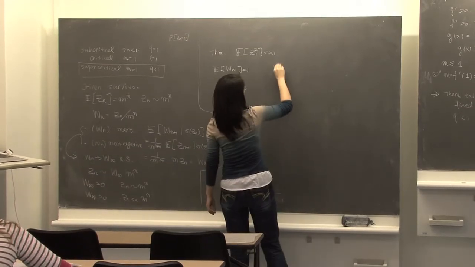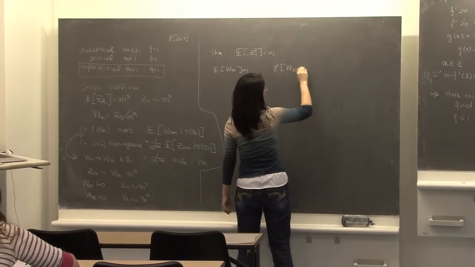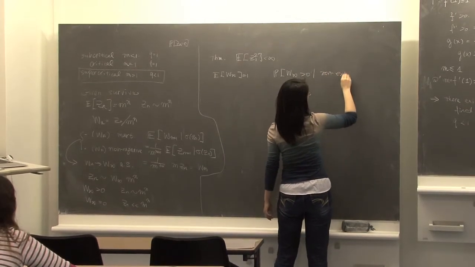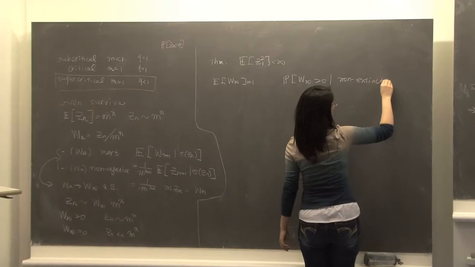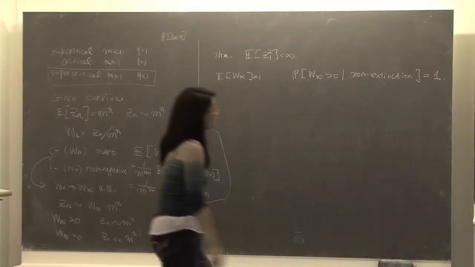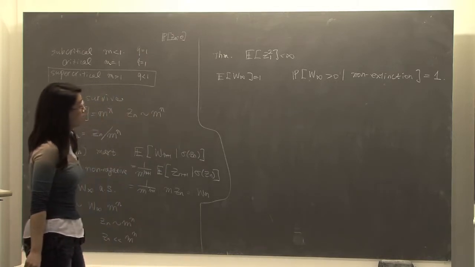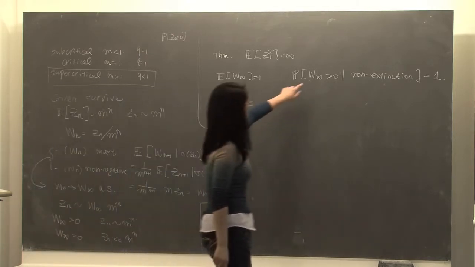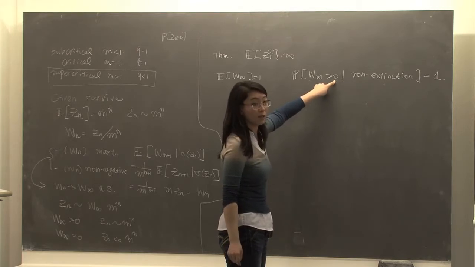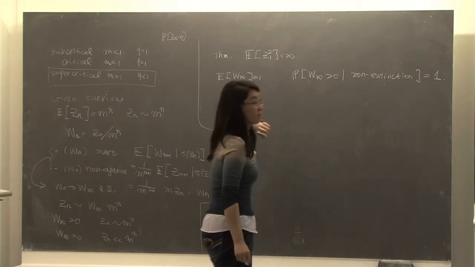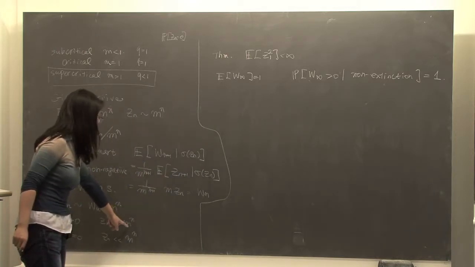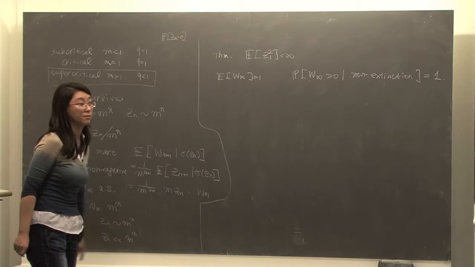And we also know that, conditioned on non-extinction, it is almost sure that this limit is strictly positive. So given that we survive, we know that Zn will increase in an exponentially fast way in n.